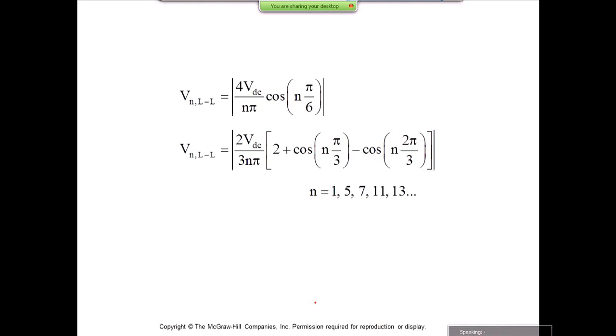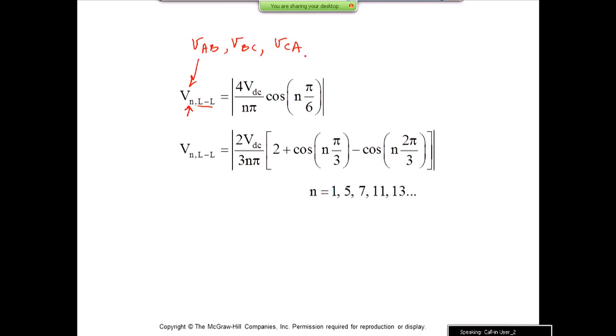We also looked at the Fourier series analysis of this particular converter. N is highlighting the order of your harmonic, like 1, 5, 7, and so on. And L to L means line to line. So we are looking at, for instance, VAB over here, or VBC, or VCA.